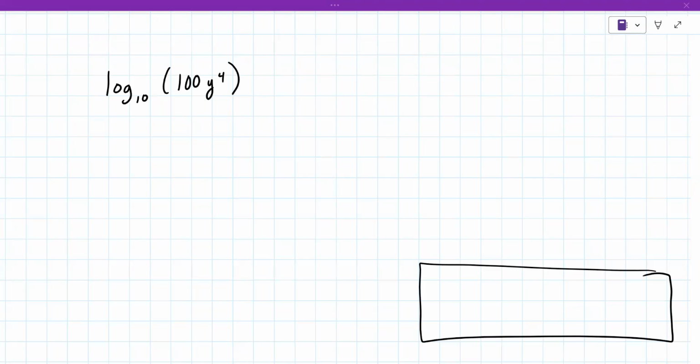Okay, so far I've gotten 2 plus 4 times log base 10 of y. That was the correct answer.